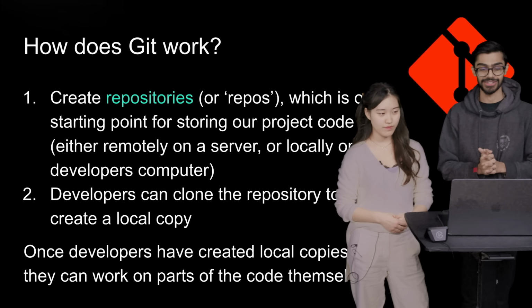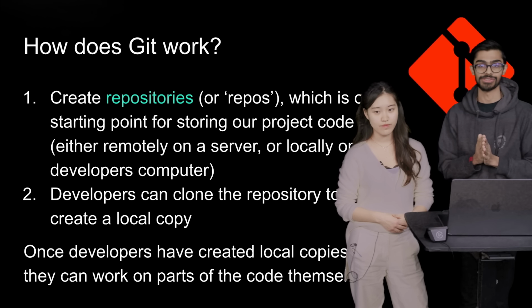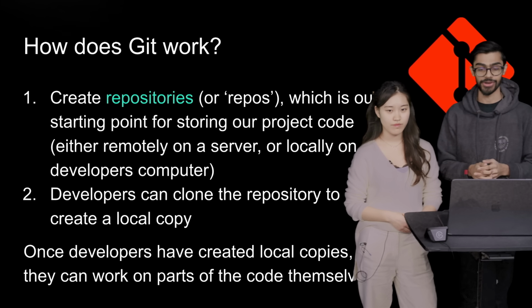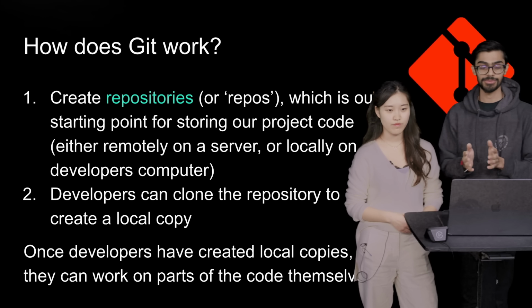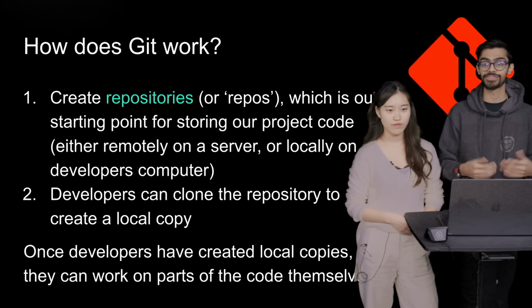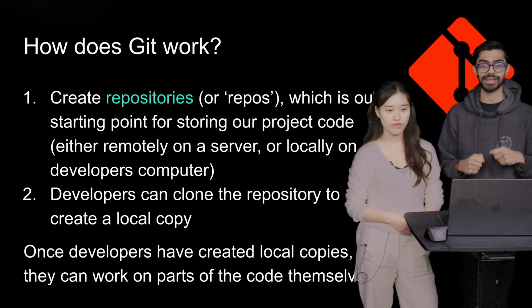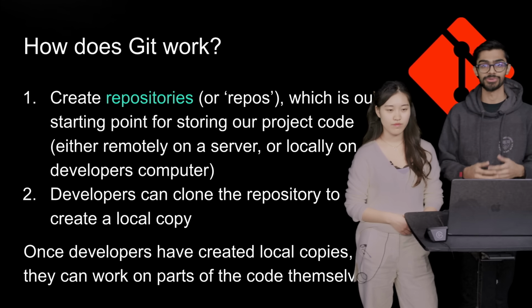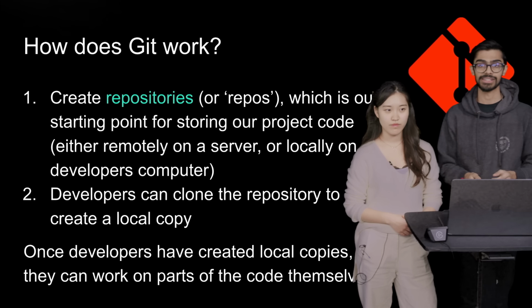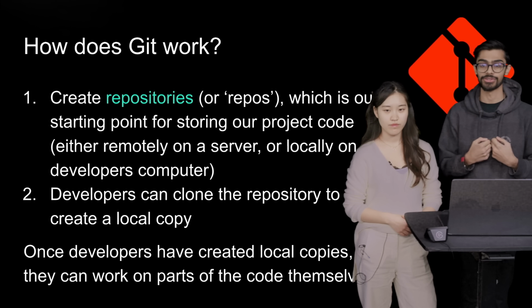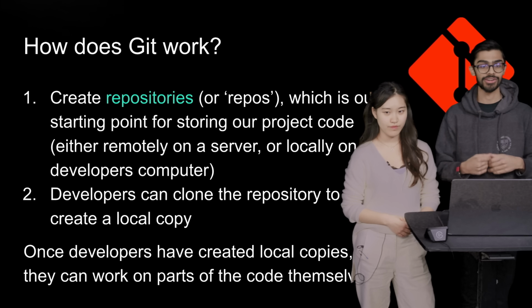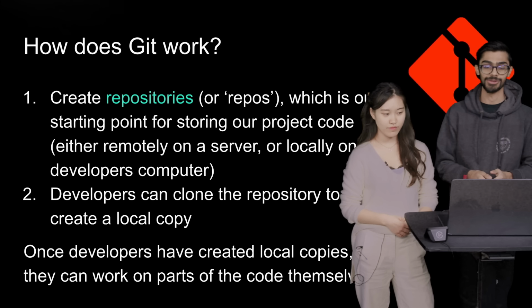So how does Git work? The first step in using Git is to create a repository, often referred to as a repo, which is your starting point for storing your project code. Oftentimes you can create it empty and then add some code into it. And once you have that repository with your base code that you want all the developers to work on, the developers can clone this repository to create their own local copy, and work on parts of the code themselves or work on all of the code themselves.